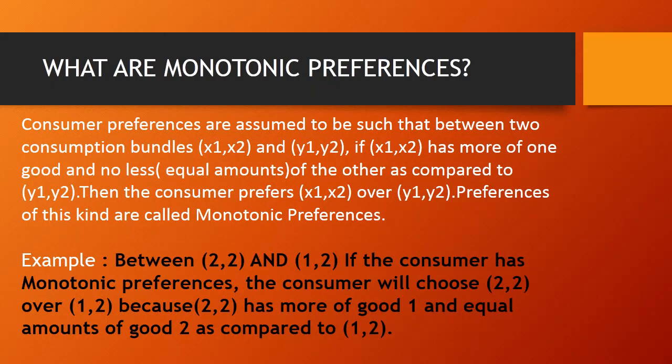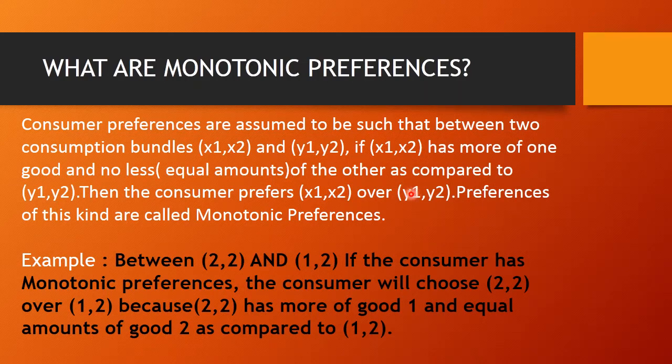And last but not the least is a concept called monotonic preferences. What are monotonic preferences? Consumer preferences are assumed to be such that between two consumption bundles X1, X2 and Y1, Y2, if X1, X2 has more of one good and no less of the other good as compared to Y1, Y2, then the consumer prefers X1, X2 over Y1, Y2.